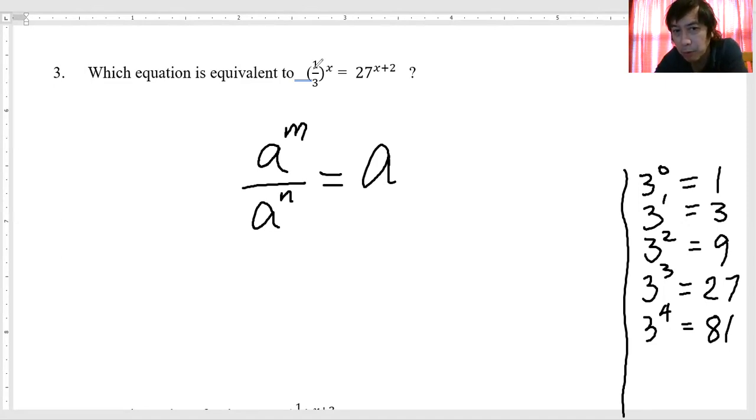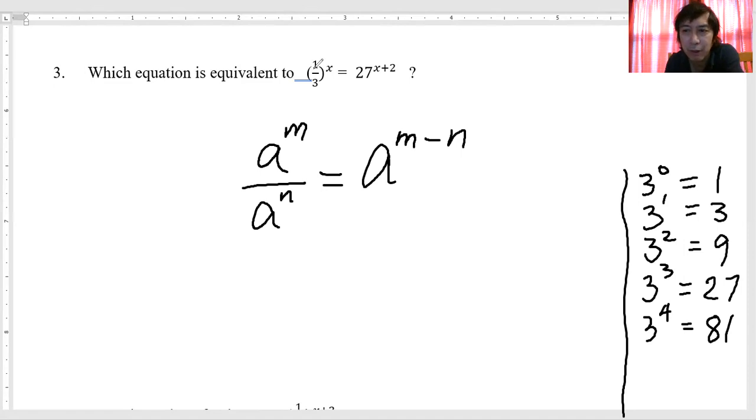The exponent of the power at the numerator must be the minuend, and then the exponent at the denominator, which is the n, is the subtrahend. So this is m minus n.